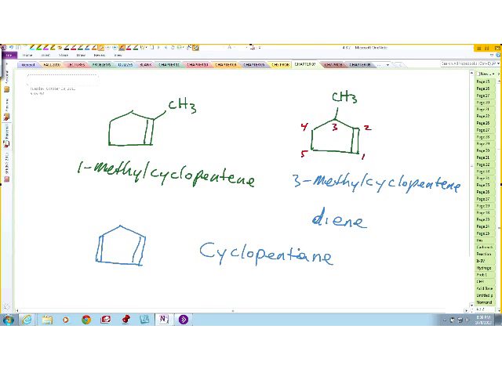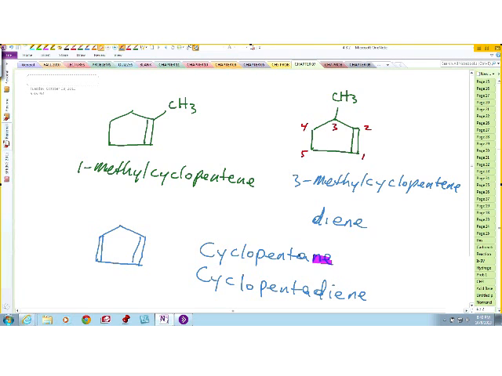So whenever you have multiple double bonds, starting from 2 double bonds or 3 double bonds or 4 double bonds, what you then do, you remove the last "ane" of the corresponding alkane and you replace it with diene or triene or whatever. So this becomes cyclopentadiene.